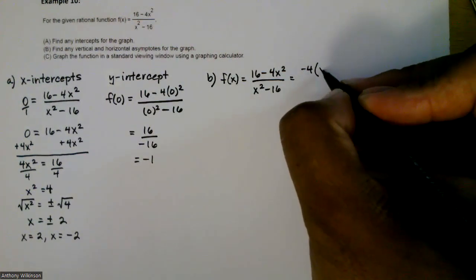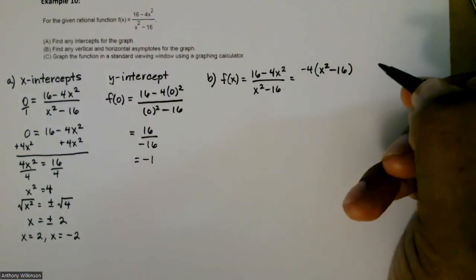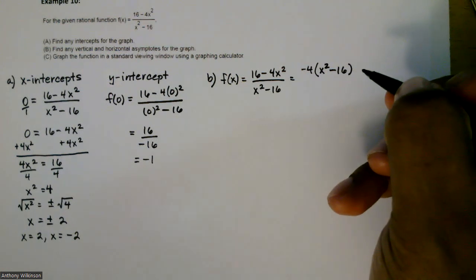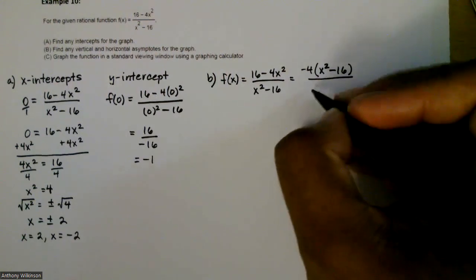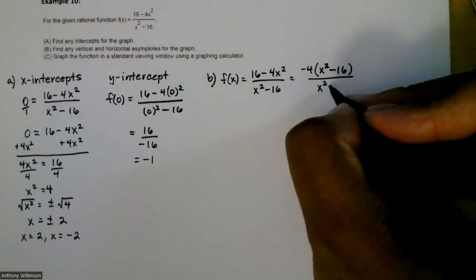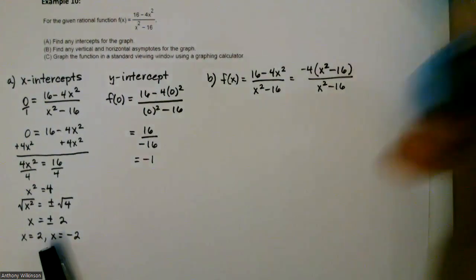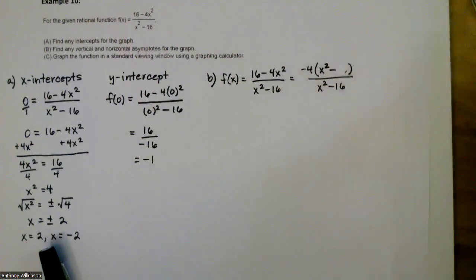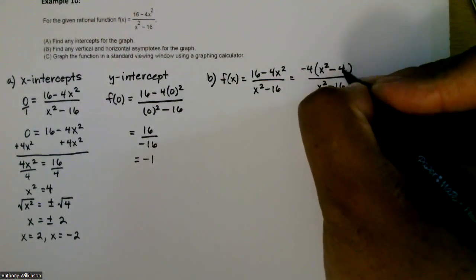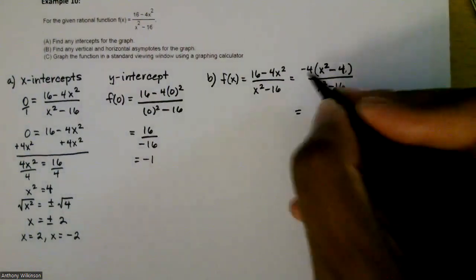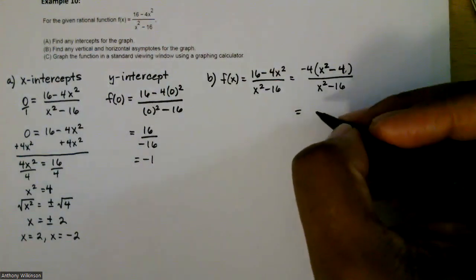That would mean now I have a positive x squared minus 16 over x squared minus 16. Oh, I'm sorry, this should be minus 4, because I factor out the 4, and 4 goes into 16 4 times.